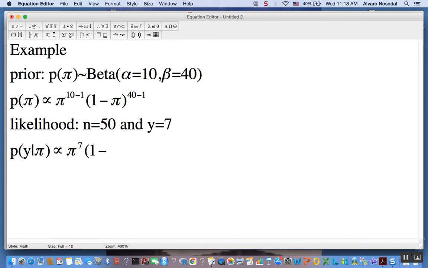Then we would have 1 minus pi to the number of failures, so that would be 43.